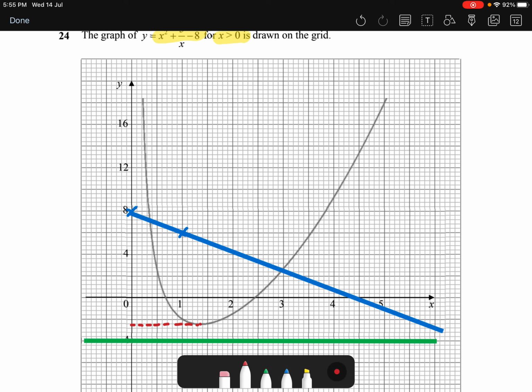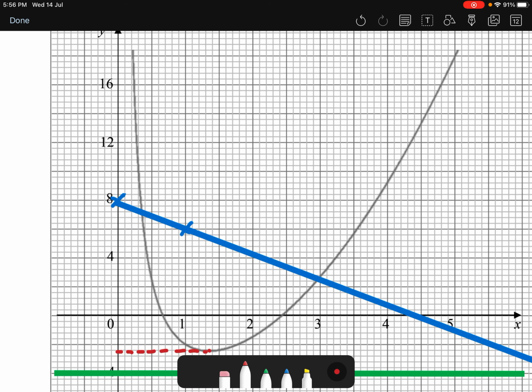If you want to find the solution, solution means intersection. So you look at where the intersection is. Due to the thick line, I can't really get my intersection very well. So the intersection is right here, in between a square, and another intersection is right here. I just roughly give.